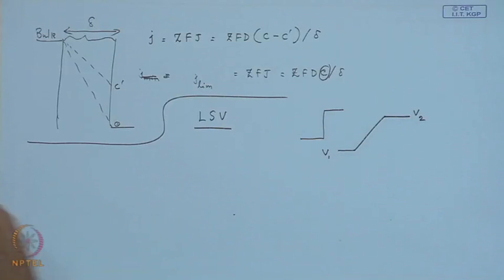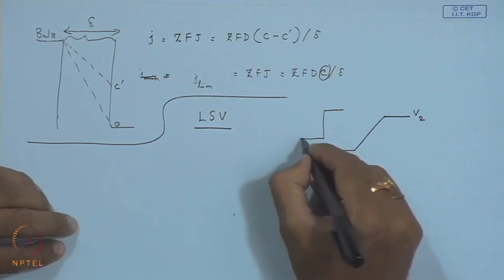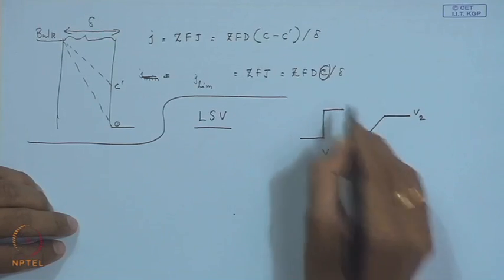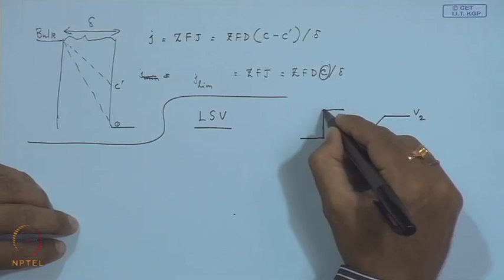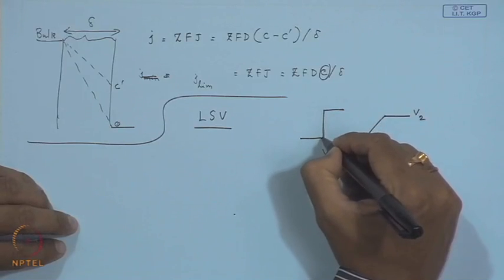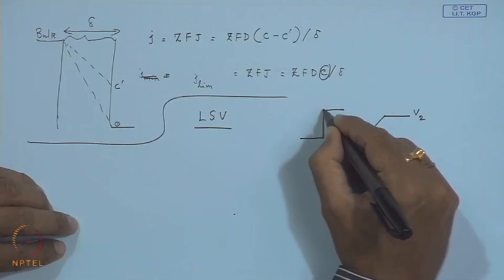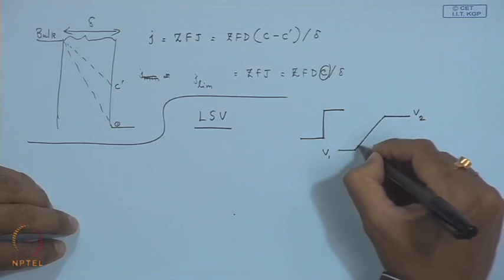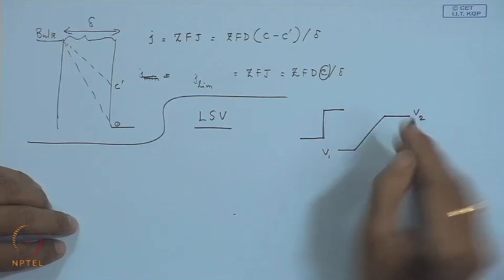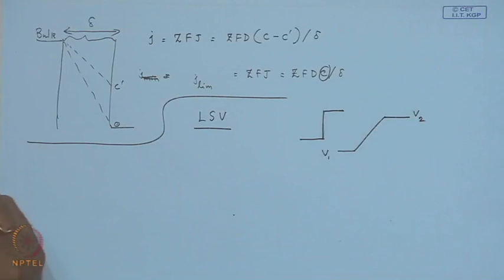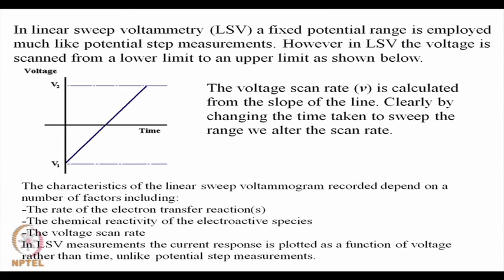In the other case, pulse potential step voltammetry, it is just like a step function, very steep, like a vertical line, but here it has some slope and is increased slowly. So it is like a potential step measurement, but a slanting one.